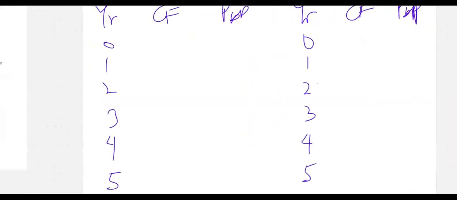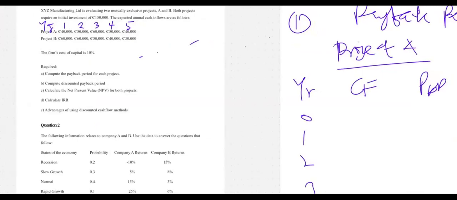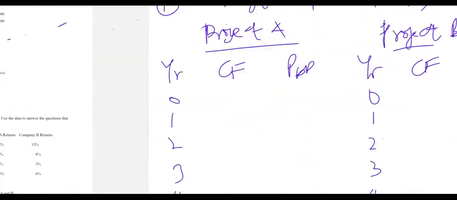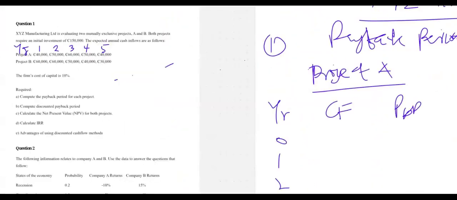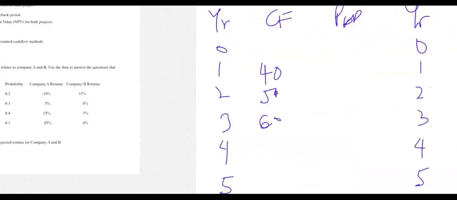What are the cash flows from project A? 40, 50, 60, 50, 40.